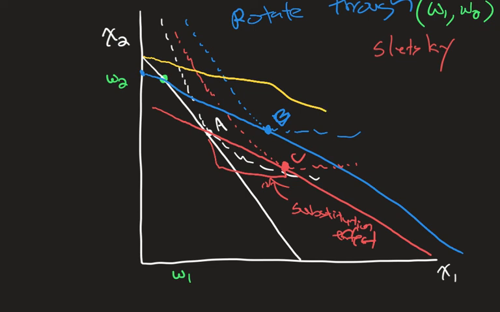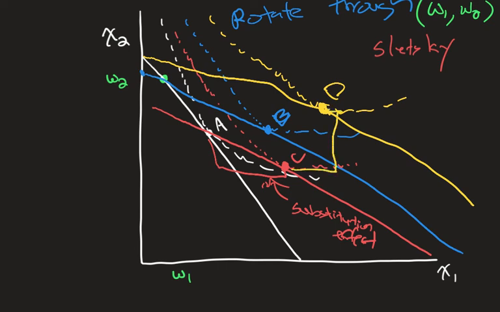At these new prices, the yellow and blue and red lines are all parallel. And we've got our preferences. So your ordinary income effect is this movement from C to D.